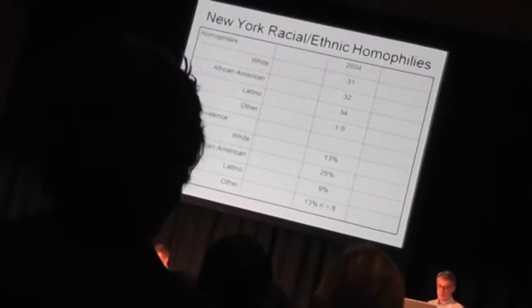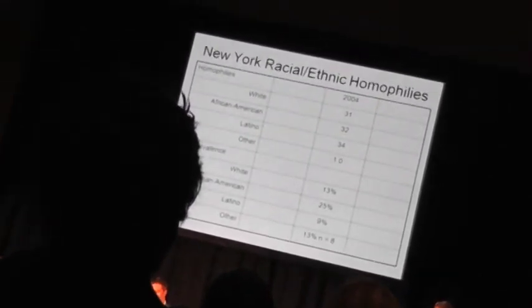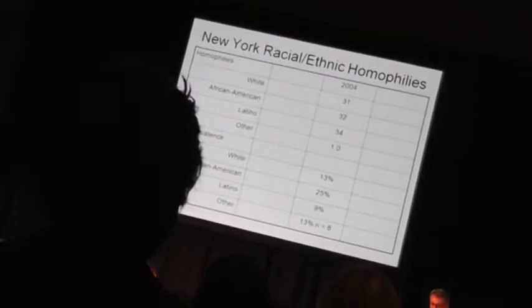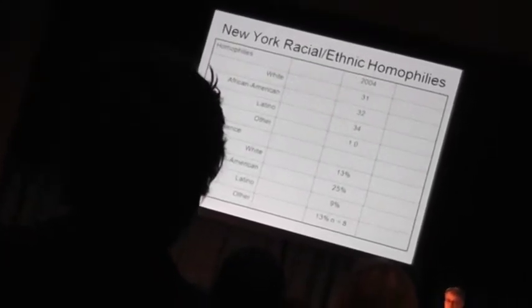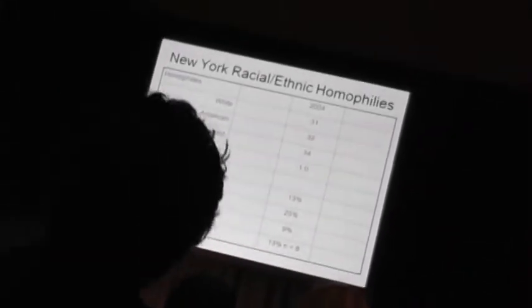The HIV prevalence shows rather marked differences between the ethnic groups. These differences have been stable for about 25 years in New York. And again, the stable differences in the HIV prevalence is consistent with the relatively high positive homophilies for racial ethnic recruiting.